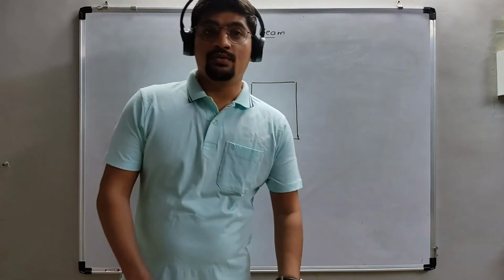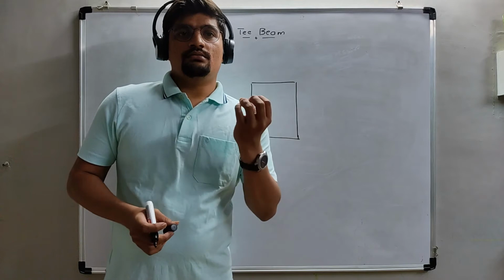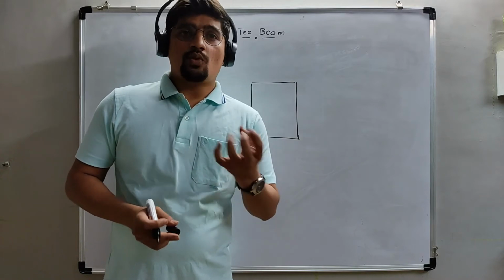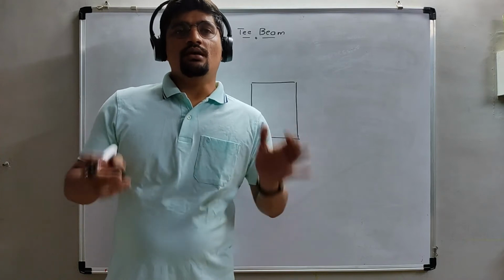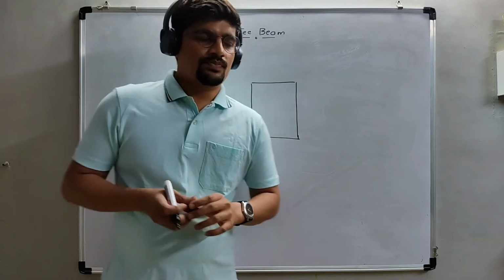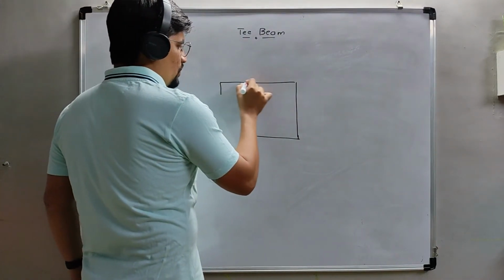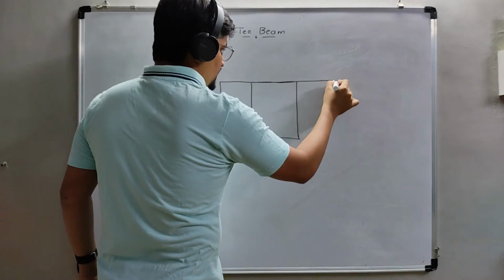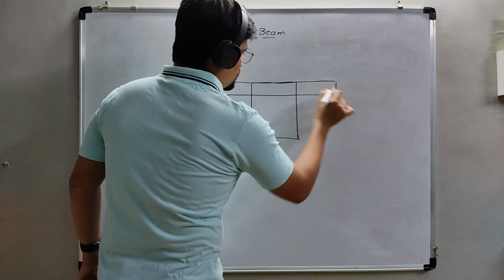In a T beam, the difference is that we do not need to provide reinforcement in the compressive zone. It is a composite section of slab and beam, a mixture of slab and beam. So the flange portion is provided to resist the extra moment in the compression zone.